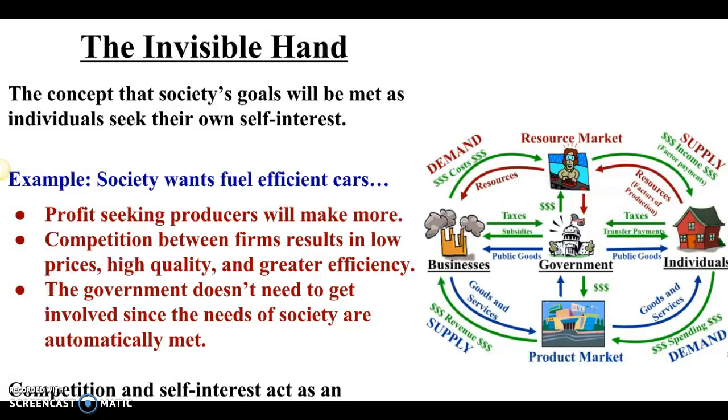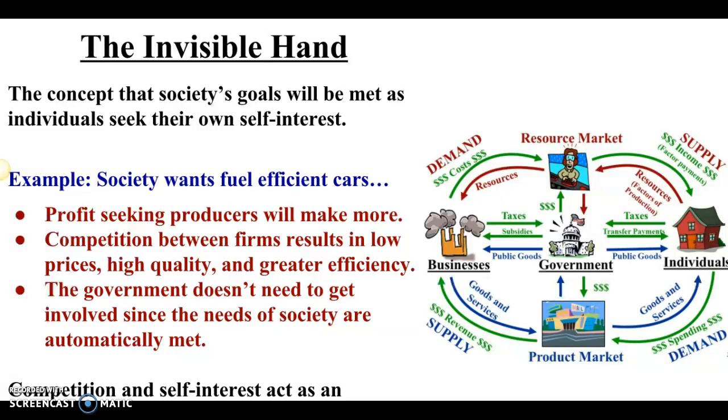Thus, the government does not need to get involved because society automatically meets the needs. Competition and self-interest act as a regulator. They are the invisible hand. Okay? The invisible hand is the idea that when individuals seek their own self-interest, things will just correct itself.